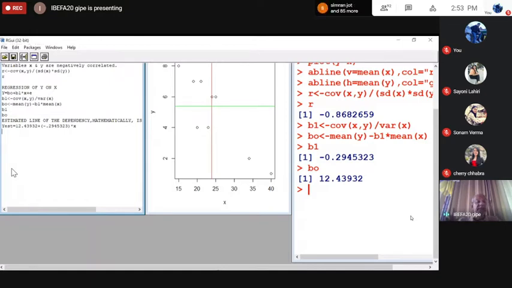The slope is negative because correlation is negative. Both correlation and slope are negative because the graph has a downward tendency. Both correlation and regression coefficient have a negative sign because as X increases, Y decreases.